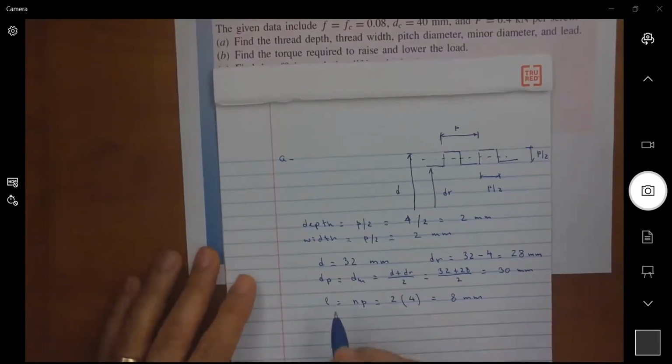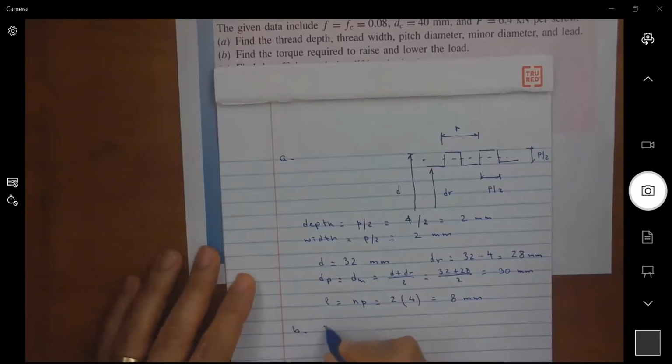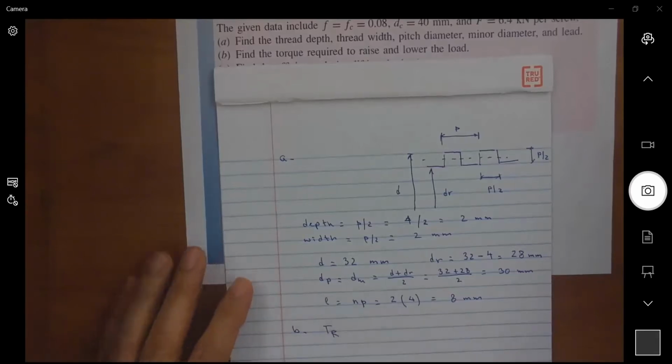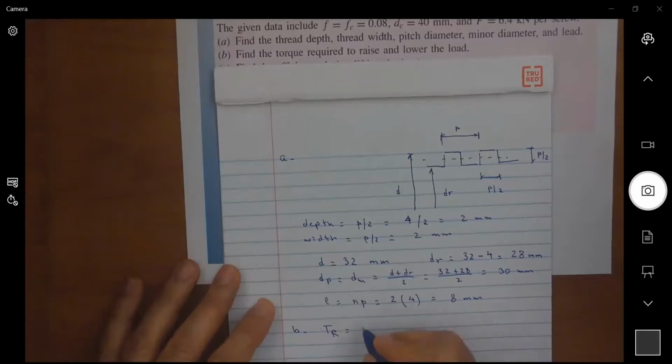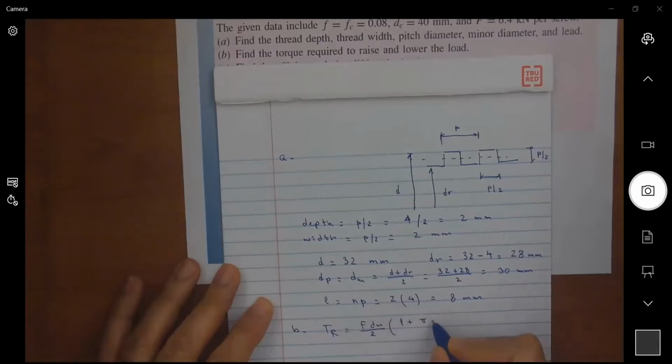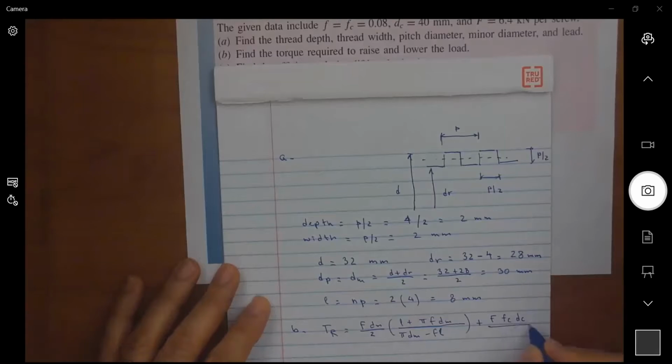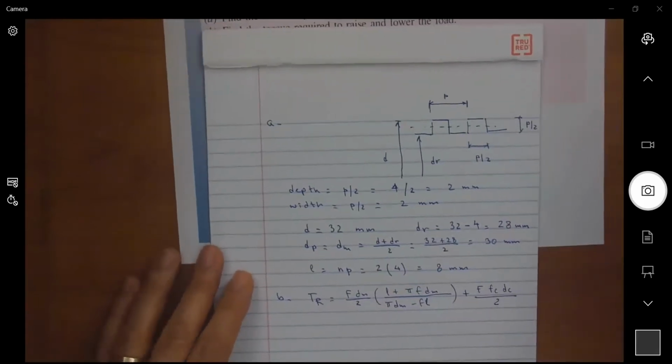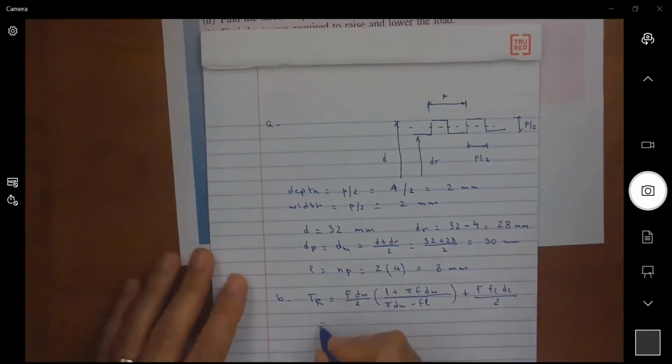Next, we want to find TR and TL. So TR is equal to F dm over 2 multiplied by L plus pi f dm, divided by pi dm minus fL. Plus, because we have a collar, I get F times fc dc divided by 2. Plug in the numbers.